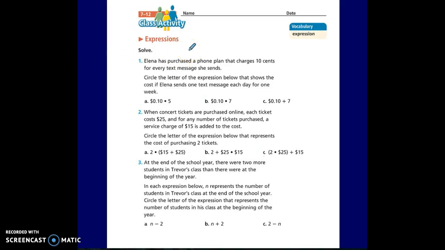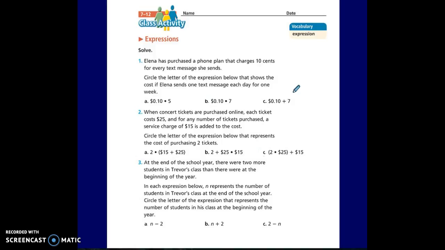On the first ones here, they're giving us word problems, and we have to figure out which expression or which of these ways will actually solve the problem. So let me read the first problem to you. It says, Elena has purchased a phone plan that charges 10 cents for every text message she sends.